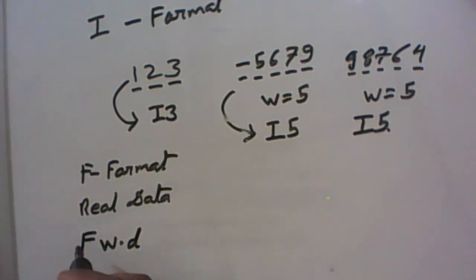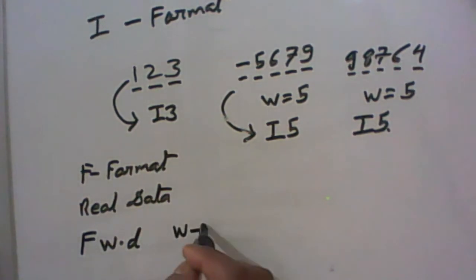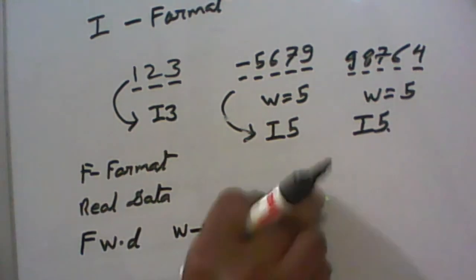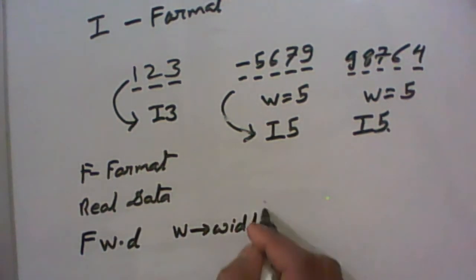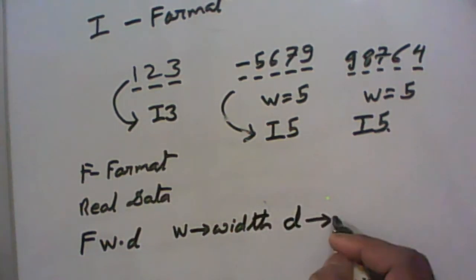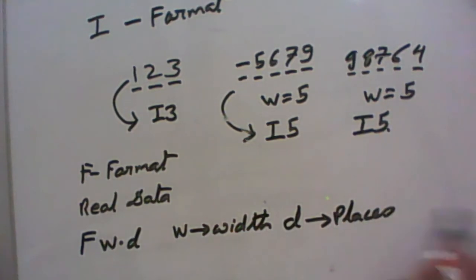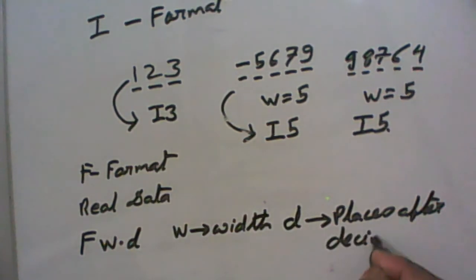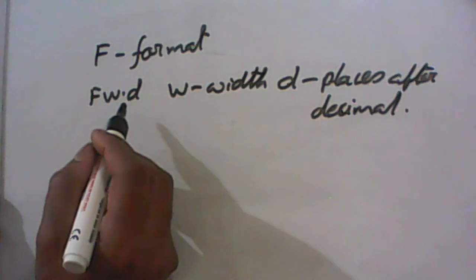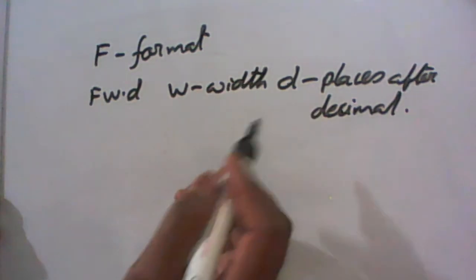So F stands for real, W represents the total width of the data that is input or output, and D is the number of places after the decimal point. So the F format general form is Fw.d. W is the width and D is the number of places after decimal.